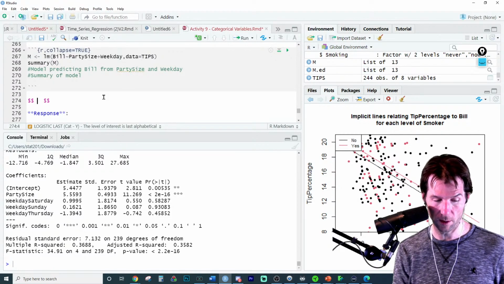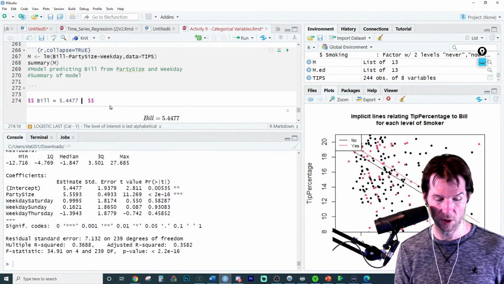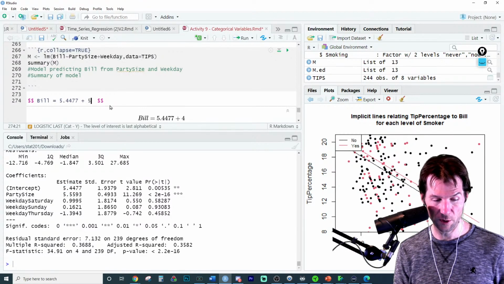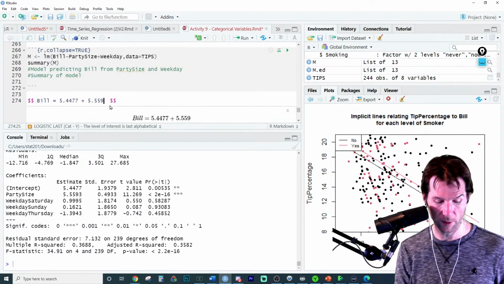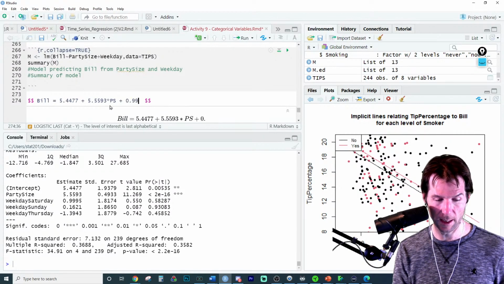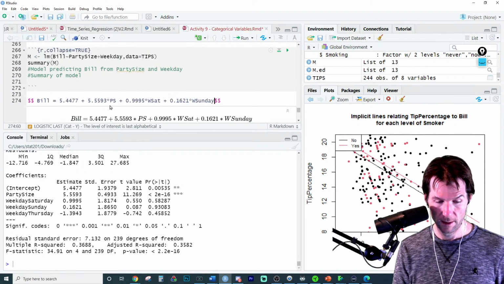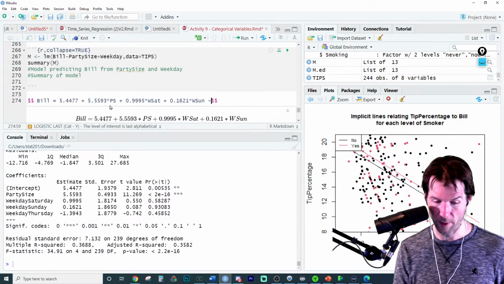We are predicting bill, which is the y variable, y equals this, and then we just go plus, we do the next coefficient, 5.5593 times whatever the x variable is, party size, plus, and then we do the next coefficient, 0.995 times weekday Saturday, just abbreviating right there, plus 0.1621 times weekday Sunday, plus or minus, because it's a minus down here.